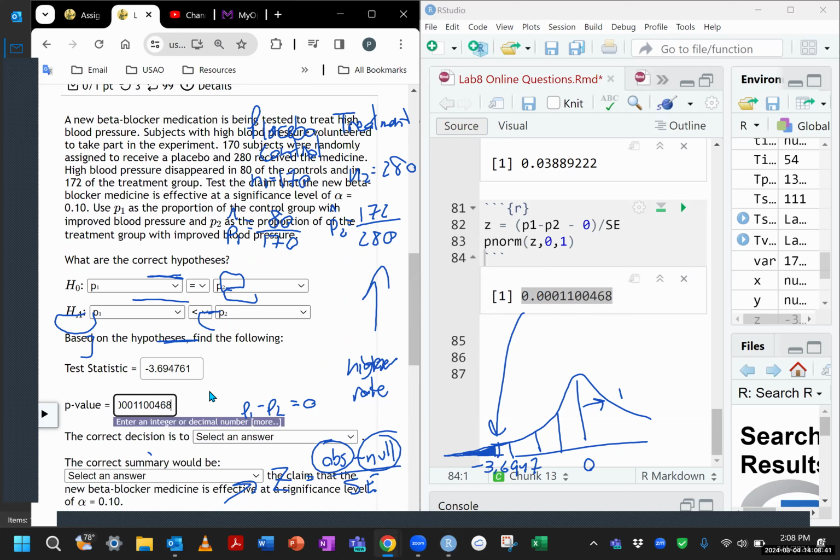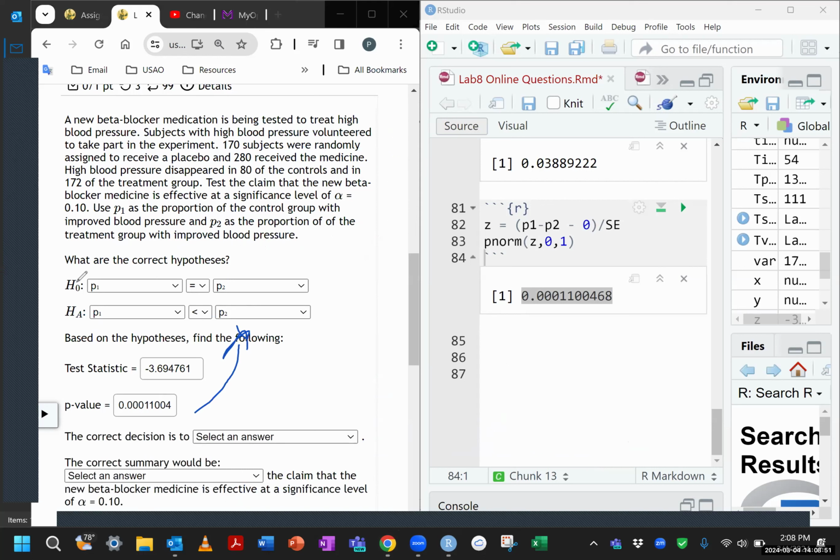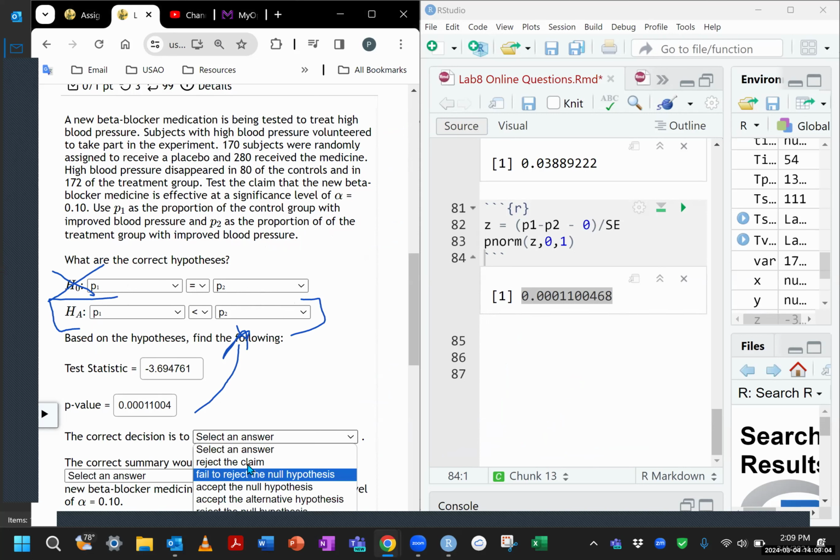So what does this tell us? P-value getting so small, kick H naught out the door. So this means, since this value is small, I'm going to reject the null. I have evidence of the alternative, which says that P1 is less than P2. I have evidence that this treatment is helping people lower their blood pressure.